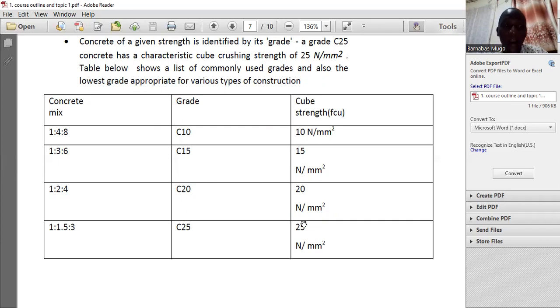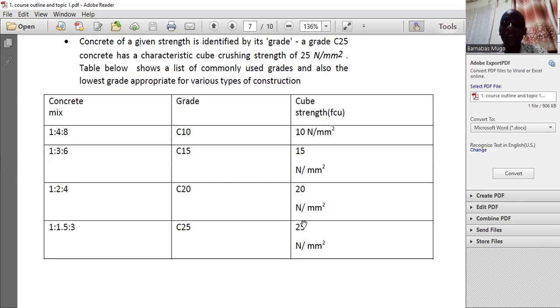Likewise, we have the 1:1.5:3 concrete mix. It means that it is C25. The strength, that is FCU, is equal to 25 Newton per millimeter squared. That is just what it means. So depending on the type of the mix in that concrete, we can have different strength.